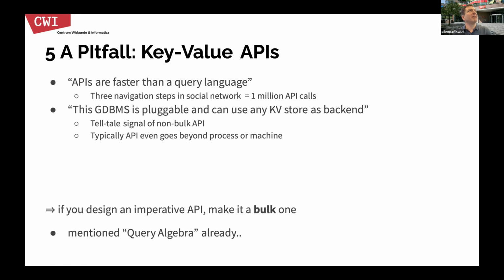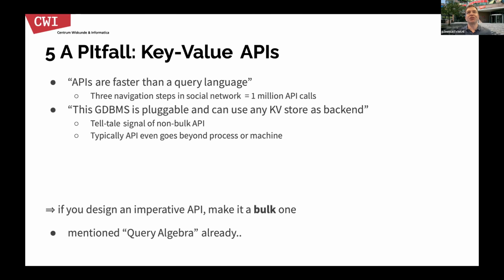So think about navigating a social network. If you do 3 steps, you already are at 1 million people. And if for every vertex that you read, you do an API call, that query that does just 3 steps will have to do 1 million API calls. And the telltale sign of a system that has the wrong level of abstraction of the API, I think, is when systems advertise as being pluggable and being able to run on top of various key value stores.